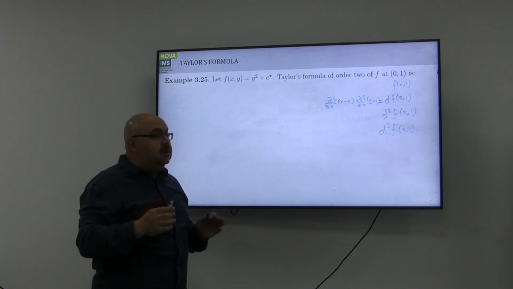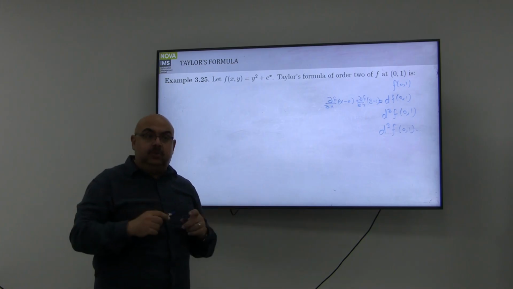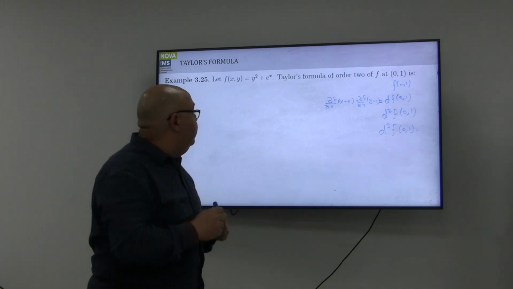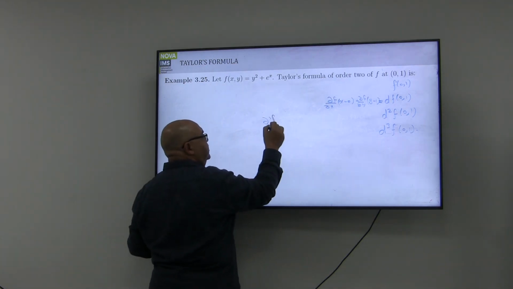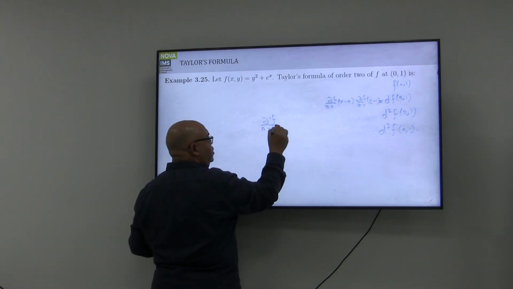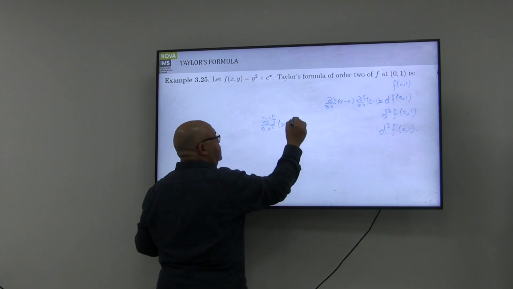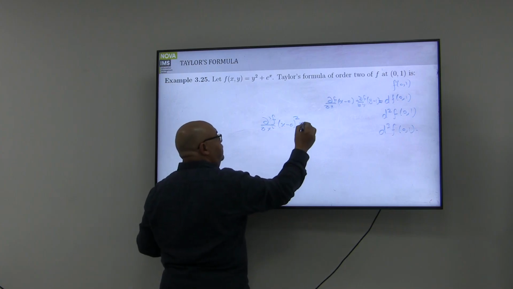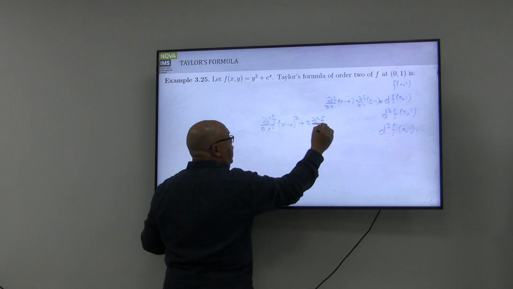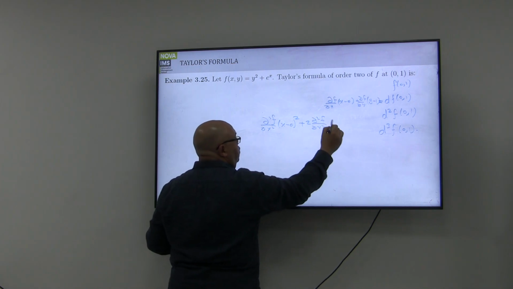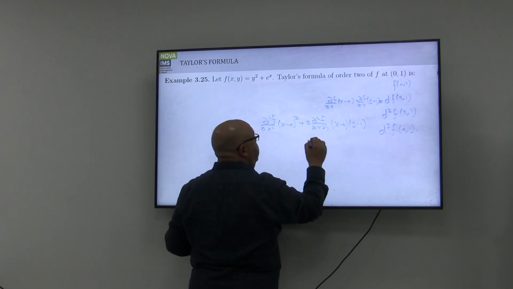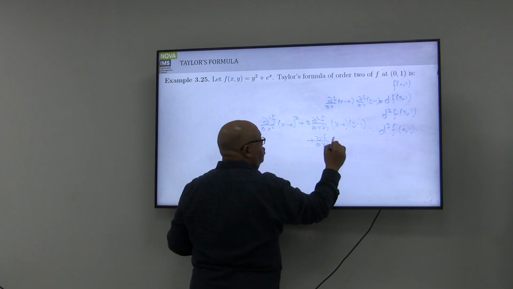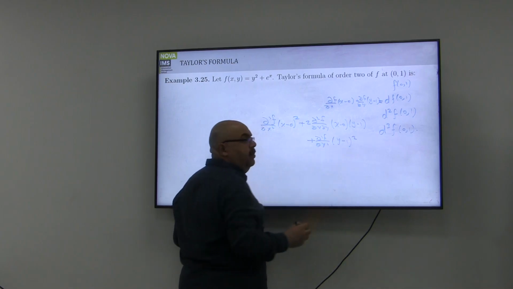The second, it's going to be bigger according to our equation. If you want me to write it with you, I can see it in your eyes, Mr. Hussein, it's going to be partial 2f partial x squared times (x minus 0) to the power of 2, plus 2 partial 2f partial x partial y times (x minus 0) times (y minus 1), plus partial 2f partial y squared times (y minus 1) to the power of 2.